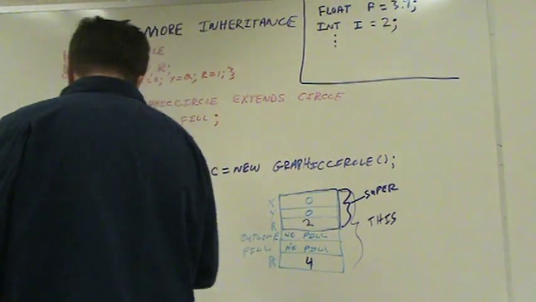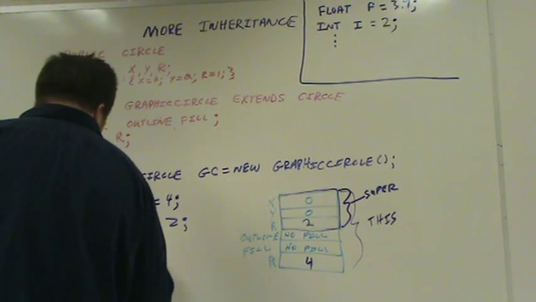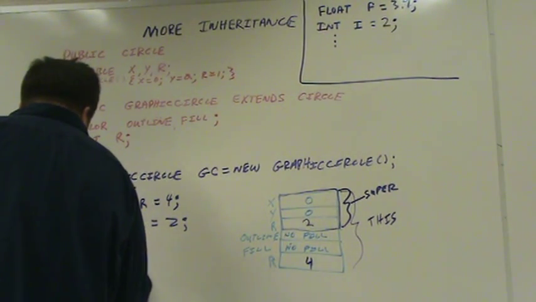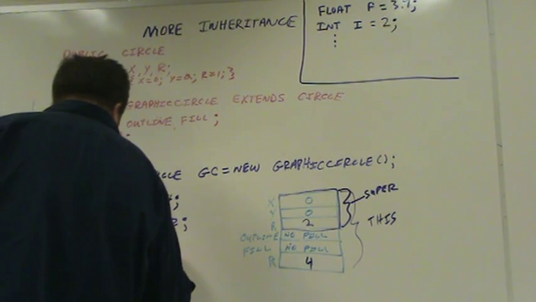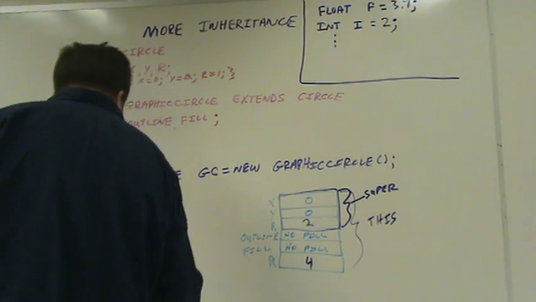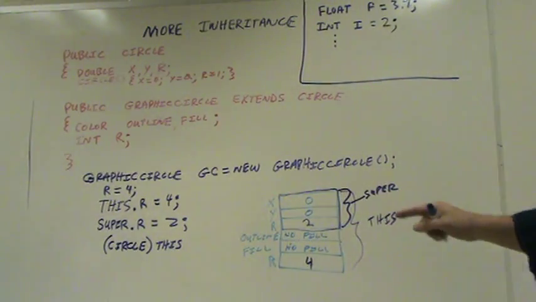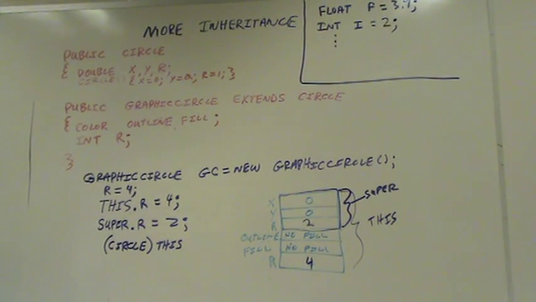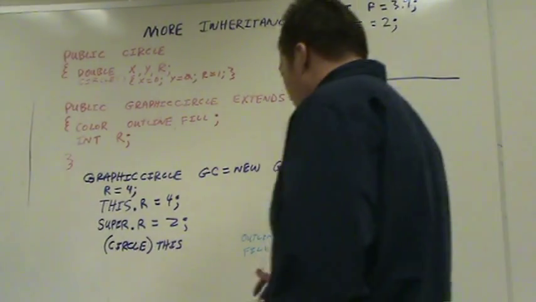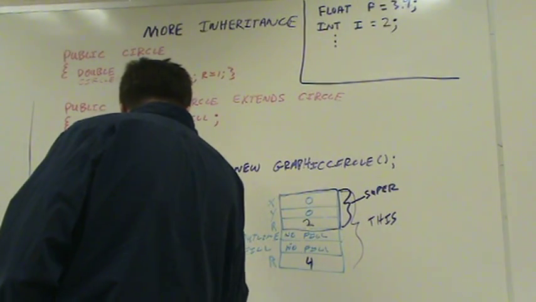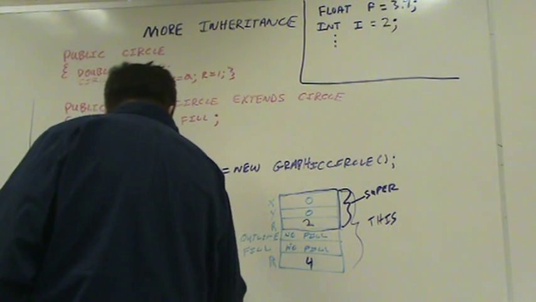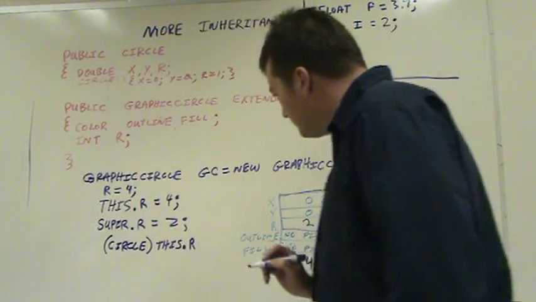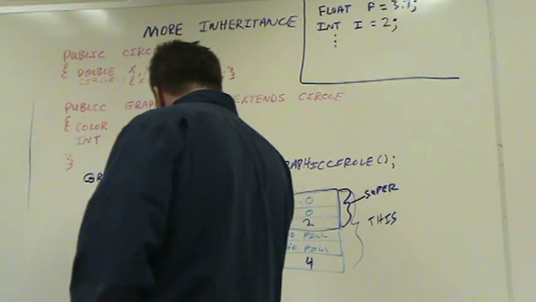So we could do this. We could say circle, this. That means take this pointer and convert it into a circle, and then take its r field and say that's equal to 2.